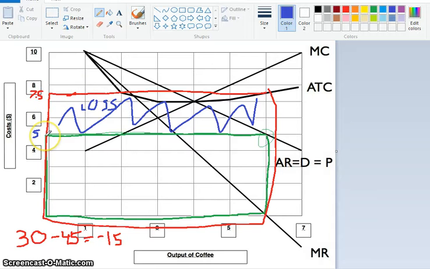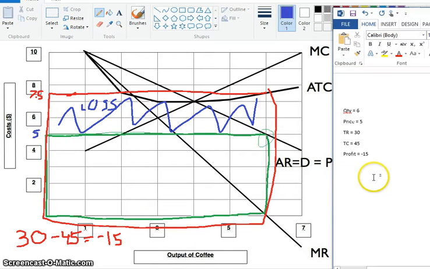Notice this would be the formula again for doing this: price minus ATC, and put this in parentheses, and multiply by your quantity, times quantity.